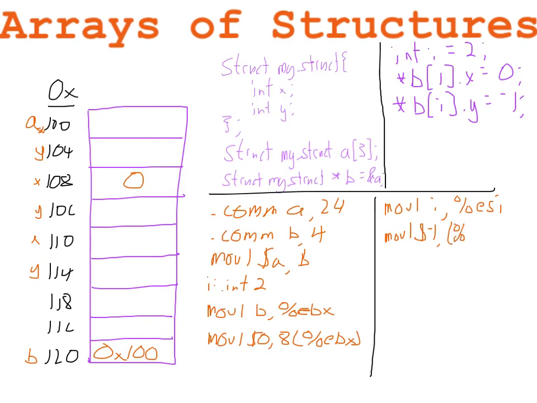First parameter, EBX, that's the base of our array. Second parameter is the index, ESI.